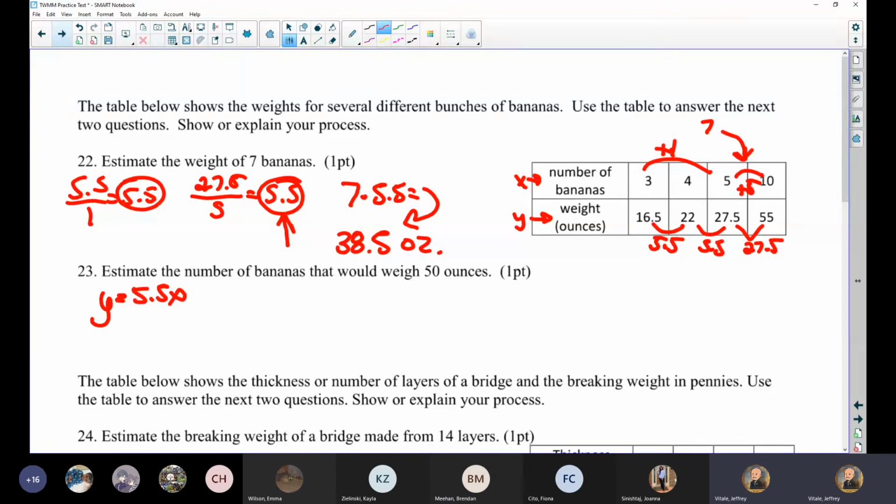So if we want to know what 50 ounces would be, take 50 and solve for x. Divide by 5.5. 50 divided by 5.5 is like 9.1. So again, if you wanted to estimate it, you could say about 9, or 9.1 bananas.